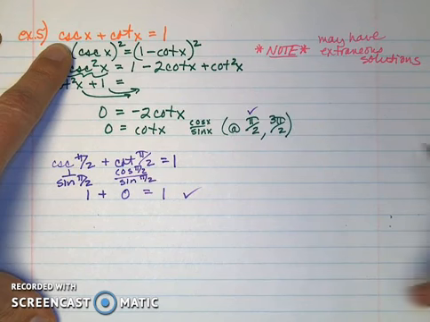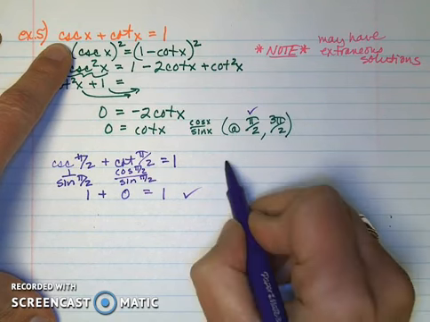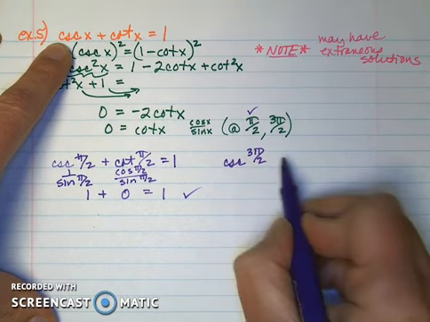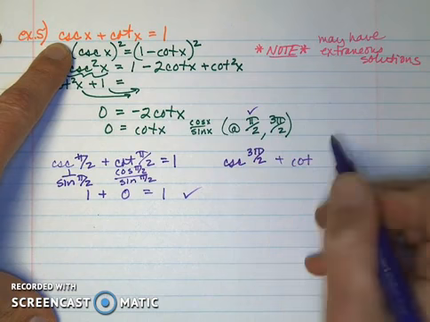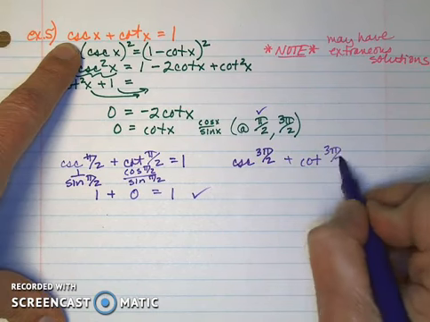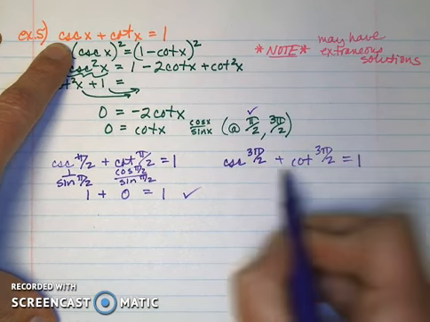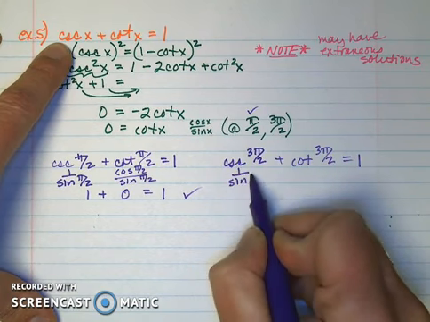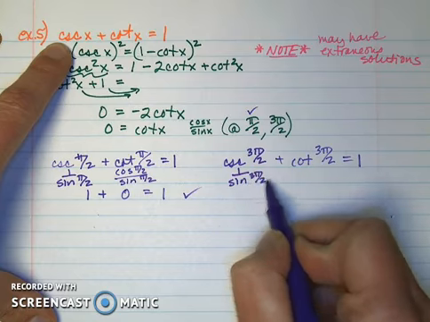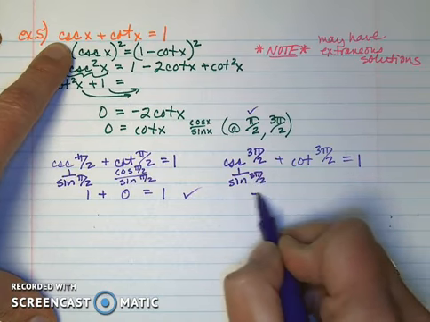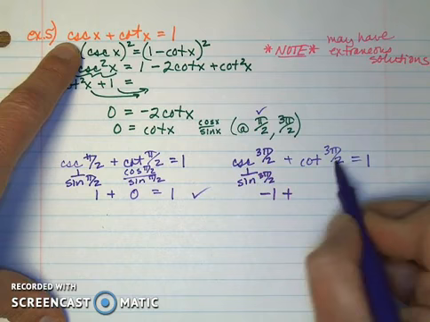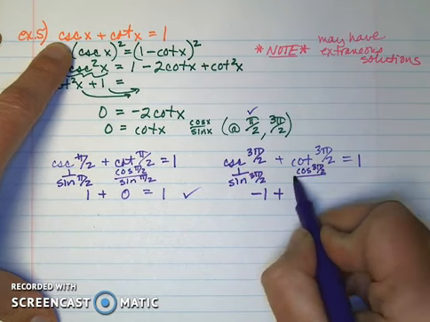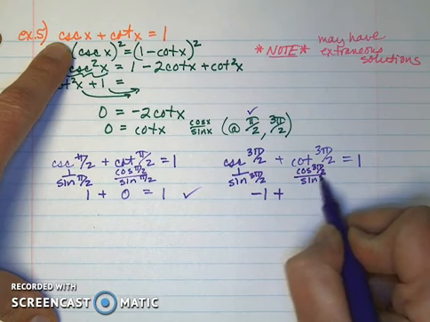So we know that pi over 2 is a good solution. Let's try the 3 pi over 2. Cosecant at 3 pi over 2 plus cotangent at 3 pi over 2. Does that equal 1? This would be 1 over sine at 3 pi over 2, which is negative 1. 1 over negative 1 is negative 1, plus cosine at 3 pi over 2 over sine at 3 pi over 2.